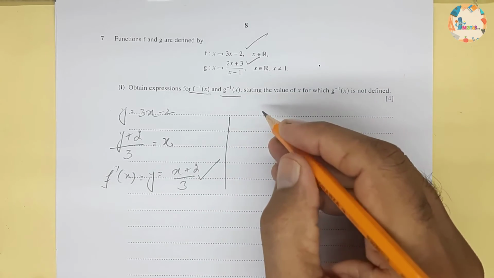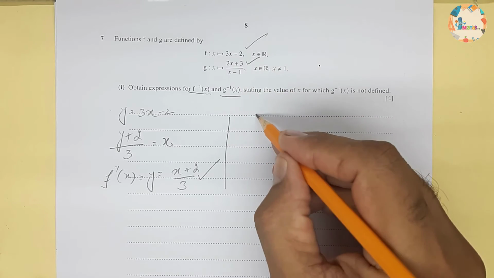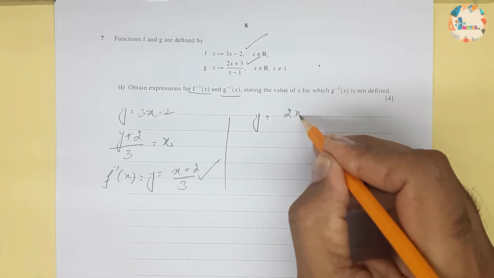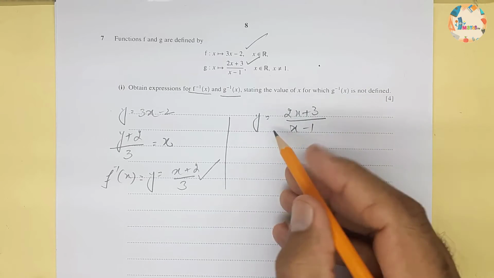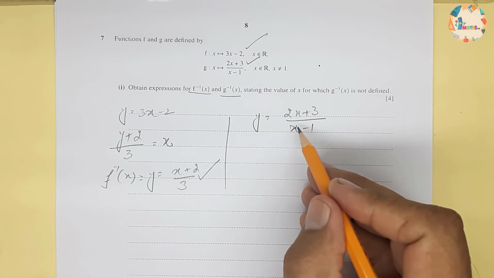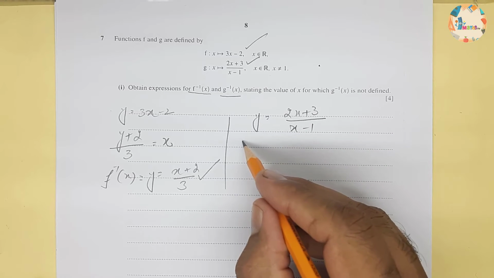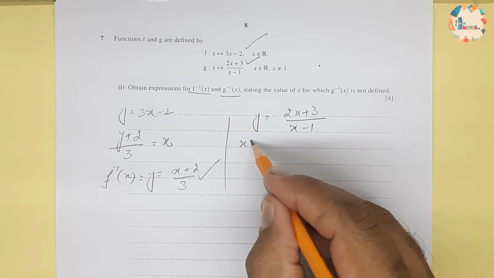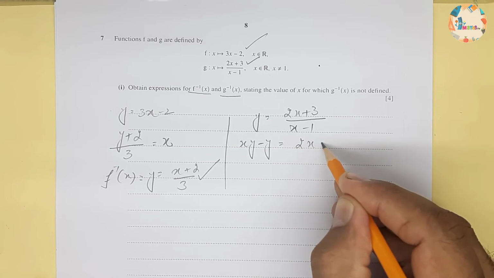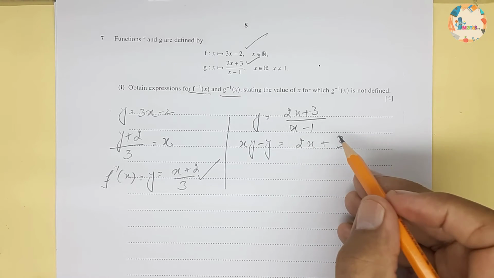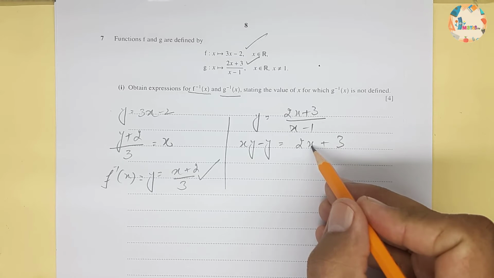Now we can find g inverse also, and we will write y is equal to (2x plus 3) divided by (x minus 1). Now we have to make x the subject. So first we will cross multiply. So this into this will be xy minus y is equal to 2x plus 3. Now this 2x we can shift to this side.